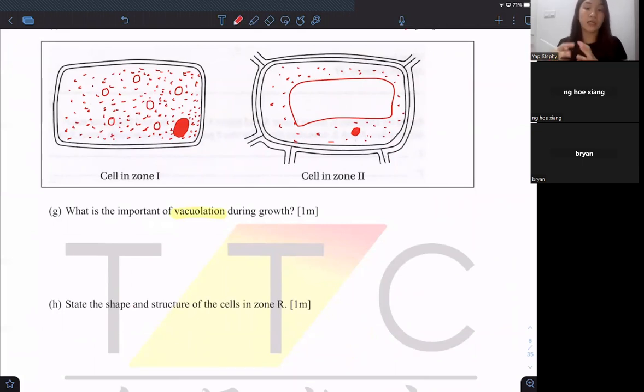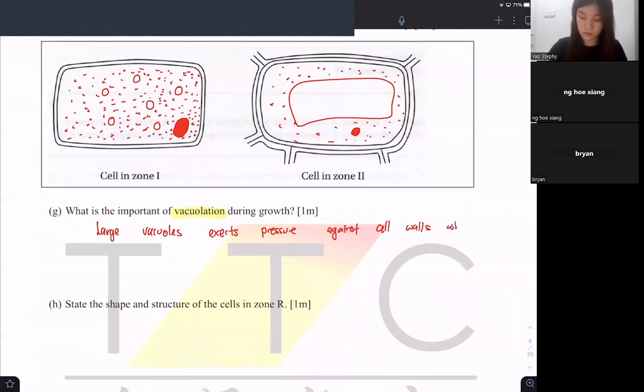The importance is that it will increase the size, so the large vacuoles. Yeah, like this.